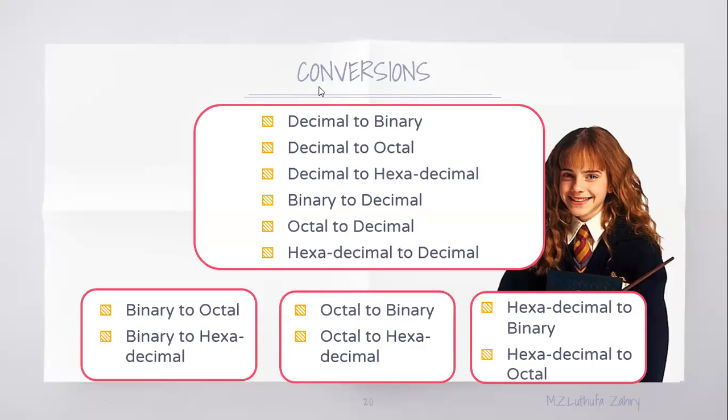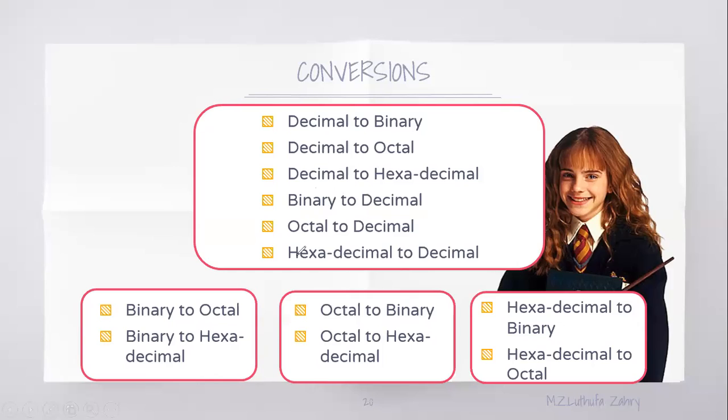Now, altogether there are 12 conversions here. Conversions mean if they give you a number in one number system, you have to convert it to another number system. If they give you a decimal number, they'll ask you to convert it to binary or octal or hexadecimal. Vice versa, other number systems have to be converted to decimal. So decimal to binary, decimal to octal, decimal to hexadecimal, and the other way, binary to decimal, octal to decimal, and hexadecimal to decimal.